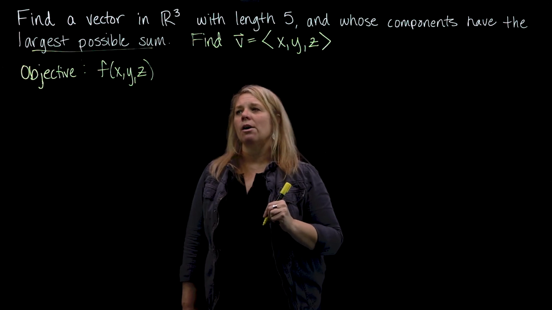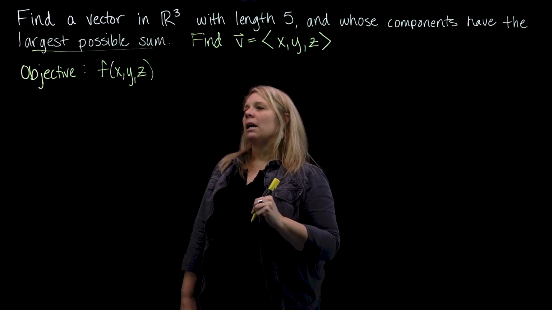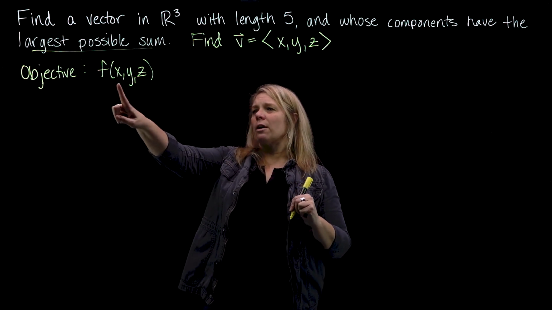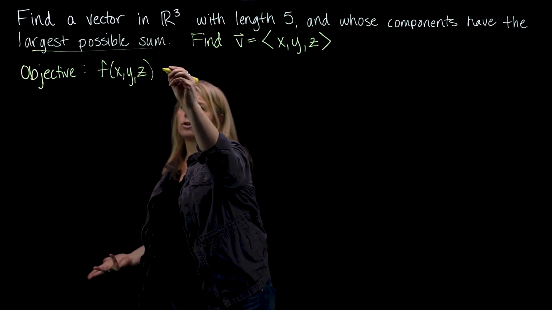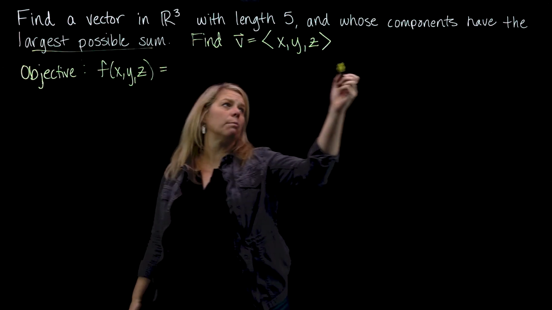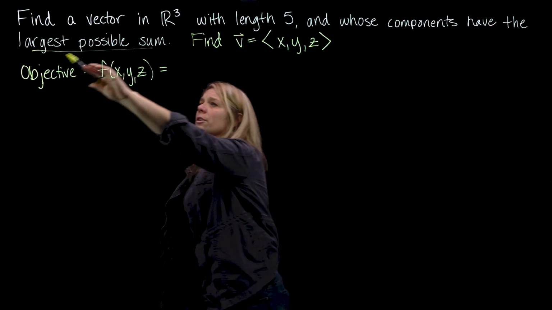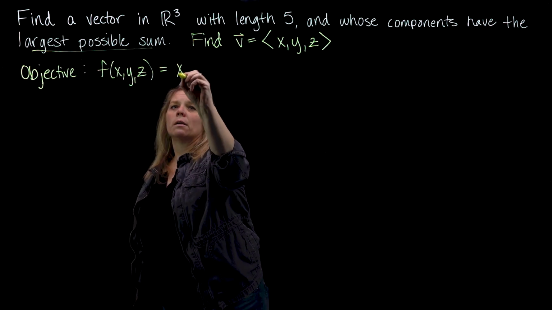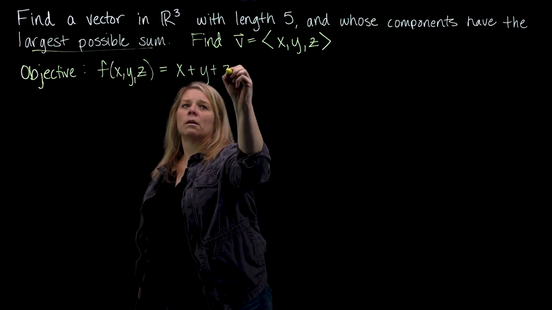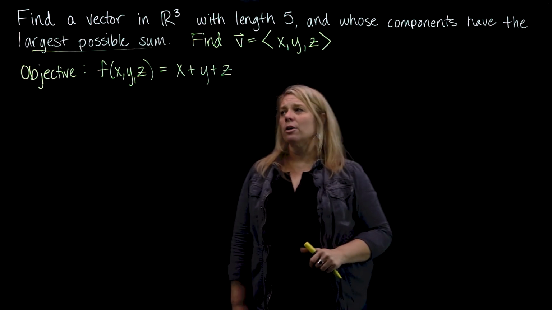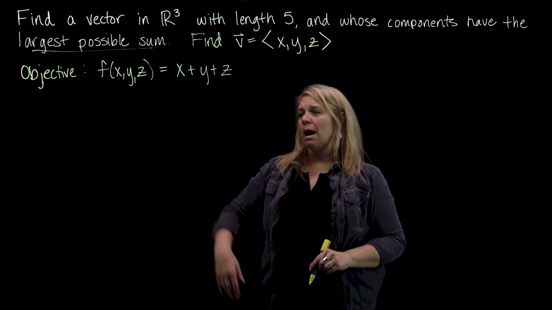F is what it calls the objective function. So my objective function is a function of 3 variables, and it's just the sum of the components. Okay, so this is the function that I want to maximize.